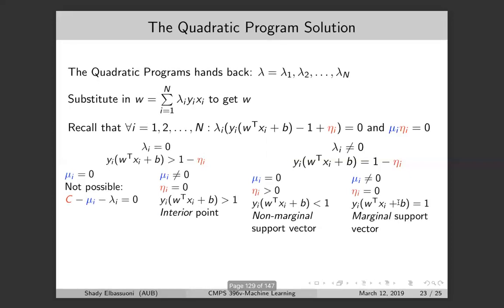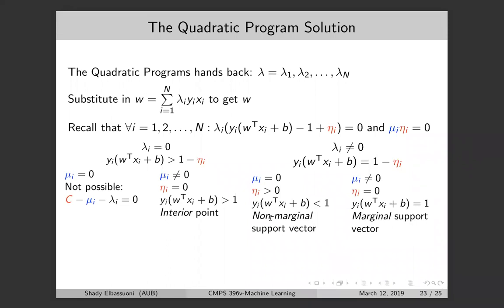Interior points. It's outside the margin, right? They are the interior points, completely outside the margin, like before. And then I have non-marginal support vectors. These are the ones that cross the margin. So these are the ones that have distance less than 1. And I have marginal support vectors, which are the ones on the margin, where the distance is equal to 1.